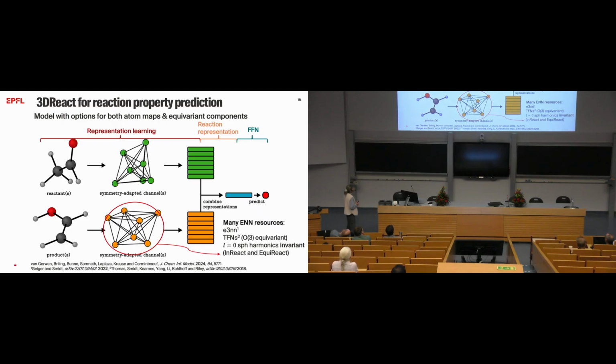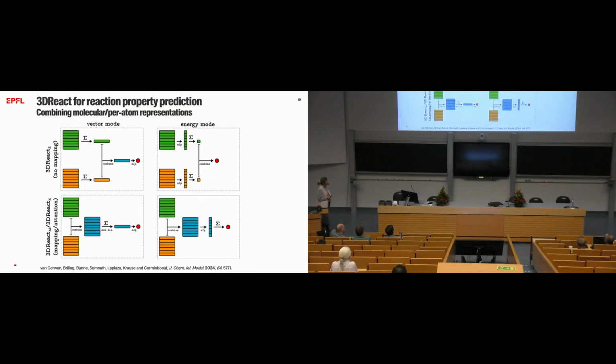We have an invariant model called InReact and an equivariant one called EquiReact, depending on how far the spherical harmonics are included, so these 2 options are viable. And we have also an option, very schematic, with no atom map to verify the relevance of atom mapping: a vector mode that corresponds more to a global representation, and an energy mode that corresponds more to a local, atom-centered representation, where all the atom contributions are summed up at the end.